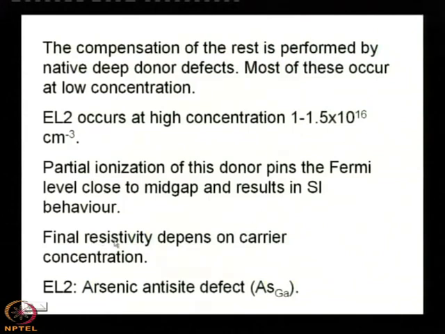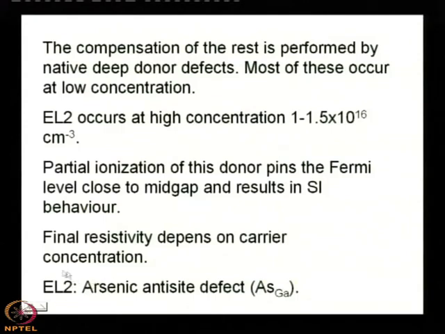The final resistivity depends on the carrier concentration of carbon, but EL2 is basically the arsenic antisite defect. There is some controversy over the atomic identification of EL2. What is EL2?